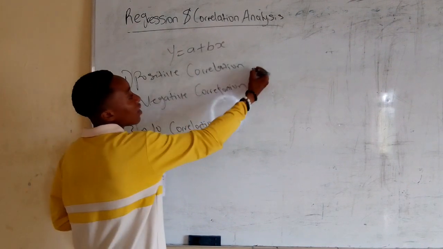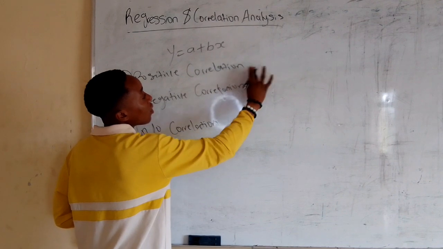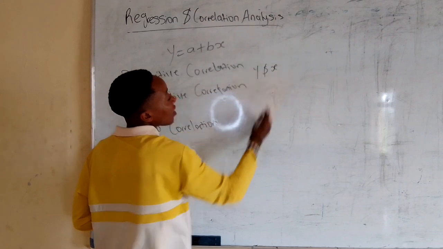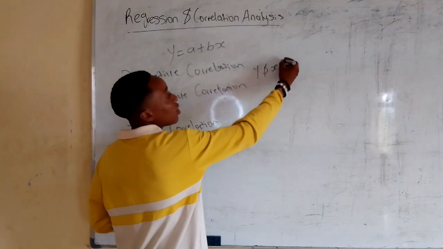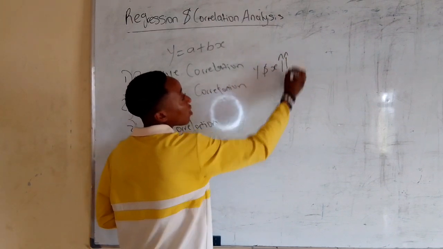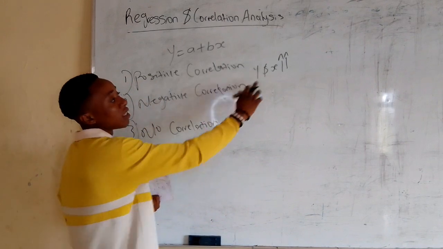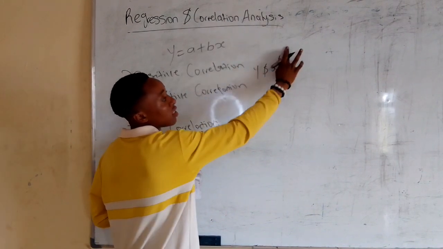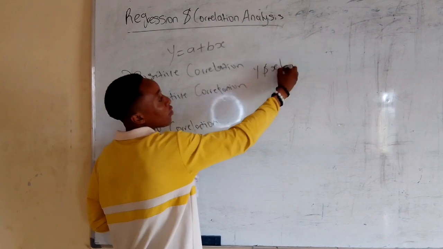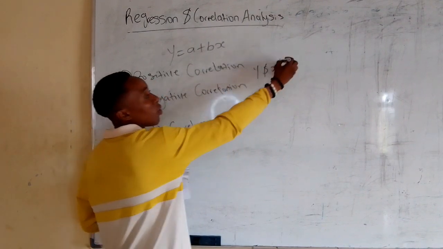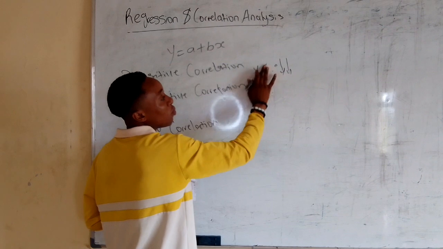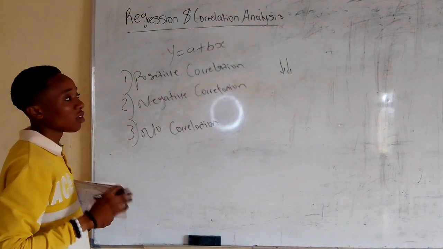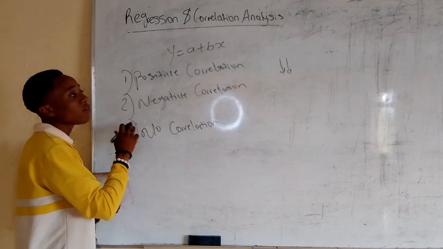We have two variables x and y, and both of them are moving upward. If x changes and starts going down all of a sudden, then y will also start going down. Both of them move in the same direction. That is positive correlation. Then negative correlation now.